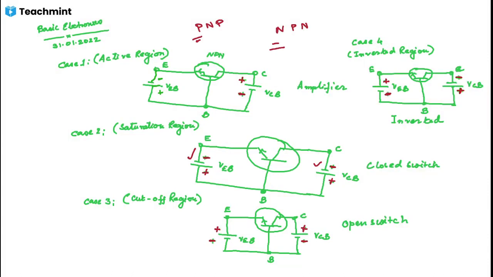So in the cutoff region, what is it? In the cutoff region this is reverse biased. So this is positive, this is negative, and this is also reverse biased. So this is positive, this is negative. Okay. Now here in the inverter, this is positive, this is negative, it is okay, and this is negative, this is positive. Now it is okay.